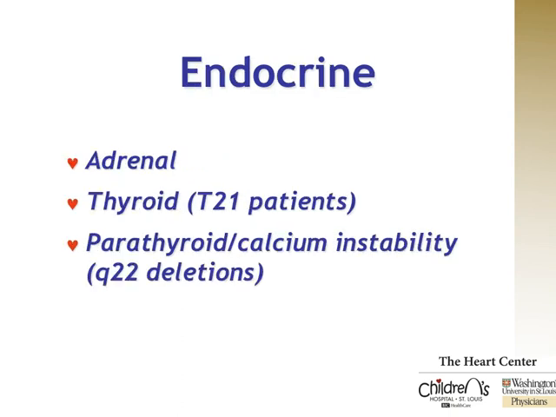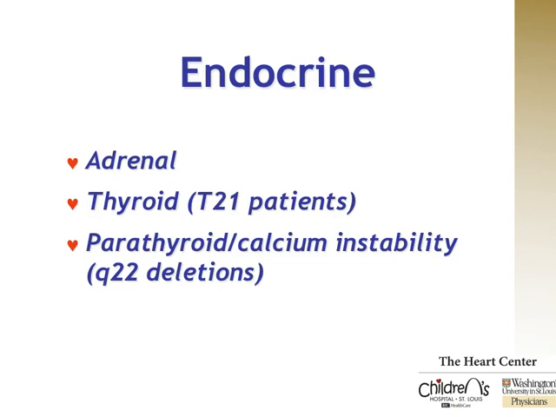And then lastly, I want to focus on some endocrine problems. We don't usually think often with a lot of surgical patients about endocrine issues, but with the cardiac population, there's a couple of endocrine issues that crop up relatively frequently. I'll talk about adrenal in just a moment, but thyroid function is something that can frequently be abnormal in cardiac patients, largely because of the frequency of thyroid insufficiency, hypothyroidism in patients with Down syndrome.